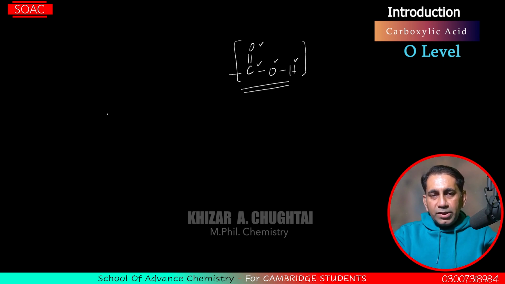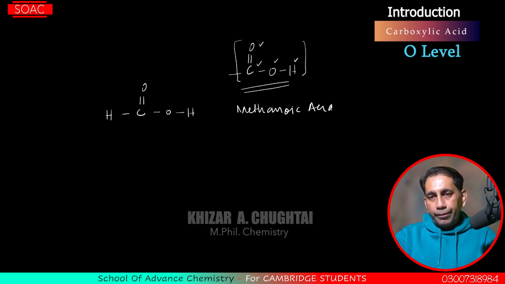For example, if there is only one carbon in the carboxylic acid, then its displayed formula will be like that: C double bond O, single bond O, OH, and one hydrogen on this carbon. The one carbon acid is named methanoic acid.